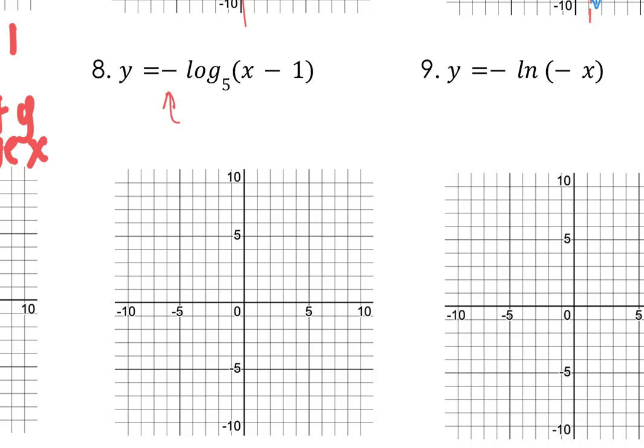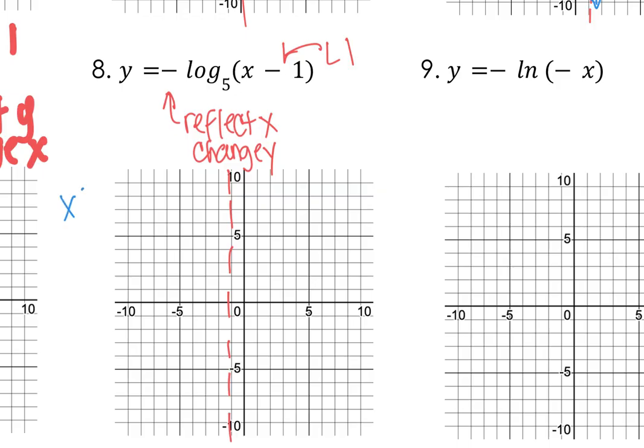That negative in front tells us we will reflect x, which means we change y. Then we have this 1 right here, which means we will go to the left one with our vertical asymptote. So let's go to the left one right now.